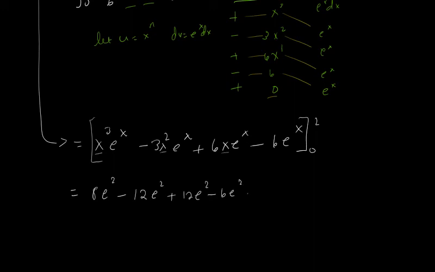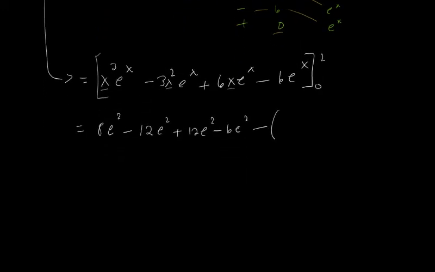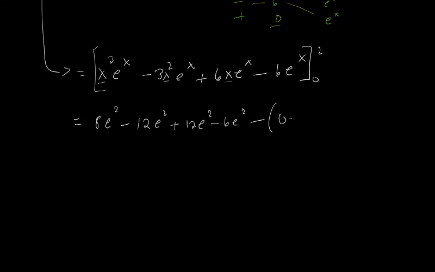Now we plug in the 0. So we're going to get 0 minus 0 plus 0 minus 6e to the 0, which is 1. So that's just 6. So this is what we have. We have 8 minus 12 plus 12. Those cancel. Minus 6 is going to give us 2e squared.